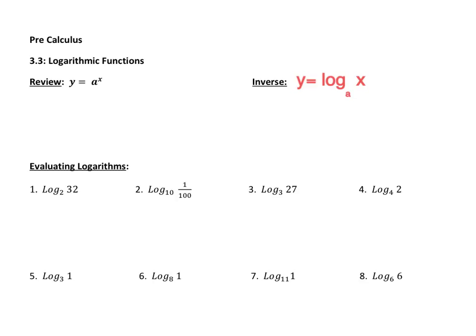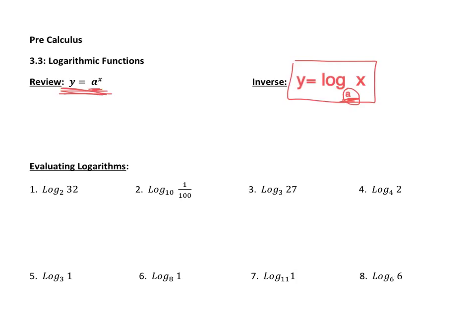If you look right here for the review, this is an exponential function where the a is the base and the x is the exponent. This is if I switch the x and the y. If we have a logarithm, that little a right there is the base. Now, if I want to put it into exponential form, I circle this. This is the most important part.